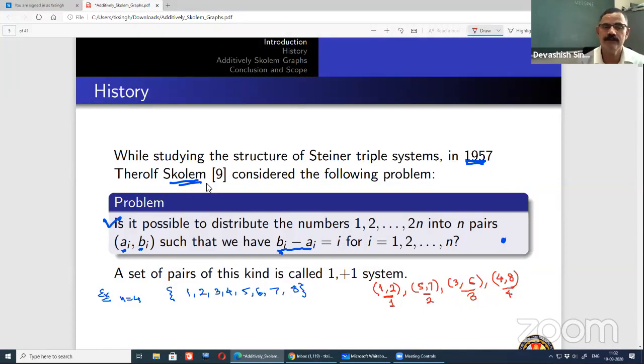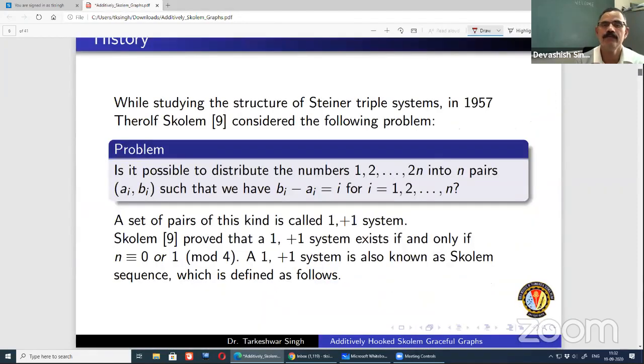If such pairs exist, then he calls this a 1 plus 1 system, because it starts from 1 and increases by 1. He proved that such a system will exist when n is congruent to 0 or 1 mod 4. It's very simple to get this necessary condition.